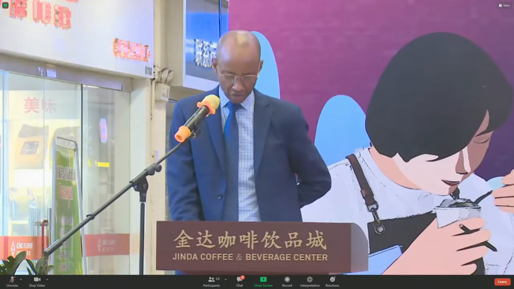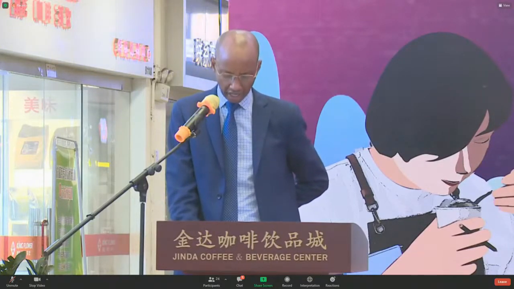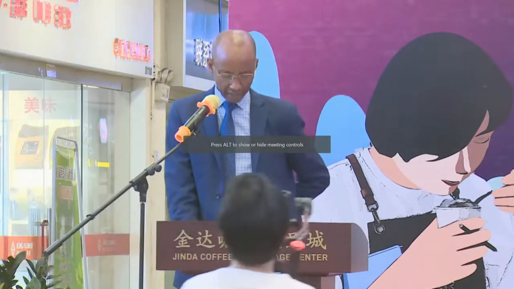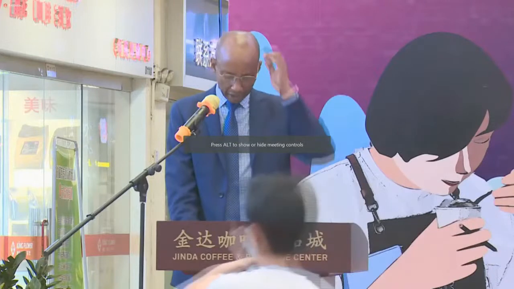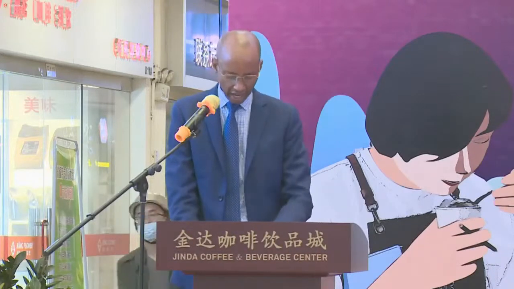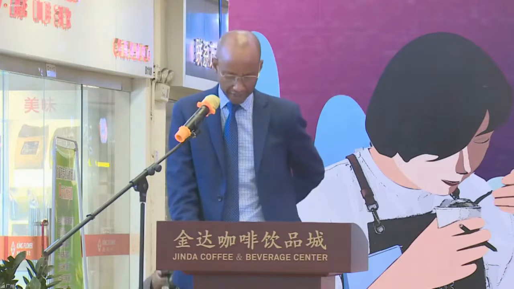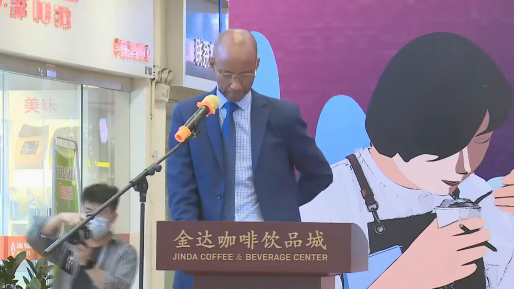Robusta coffee is grown in low altitude areas up to about 1,200 meters above sea level, while Arabica coffee is grown in the highlands of about 1,500 to 2,300 meters above sea level.